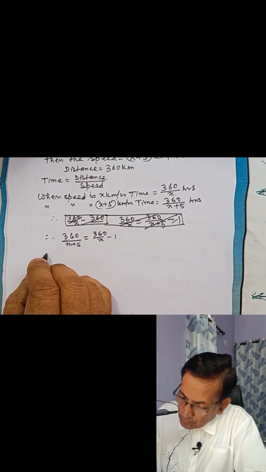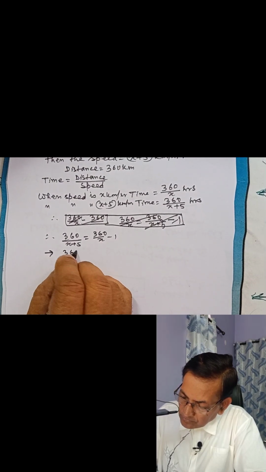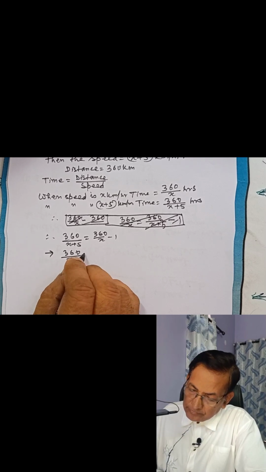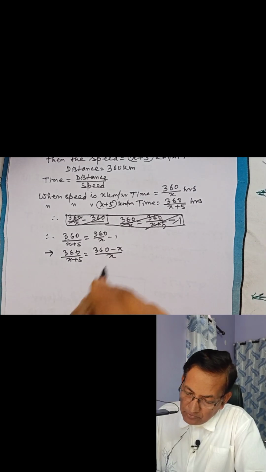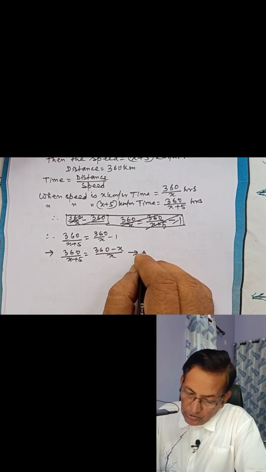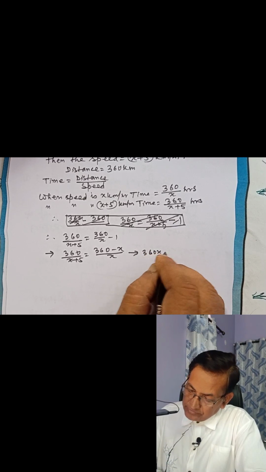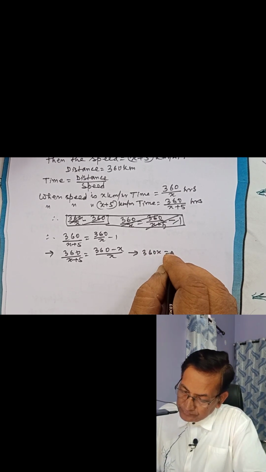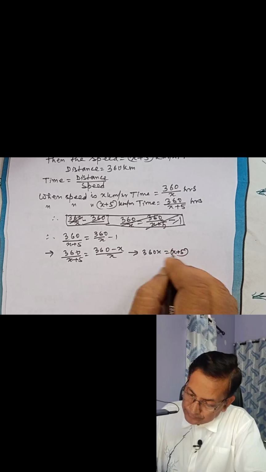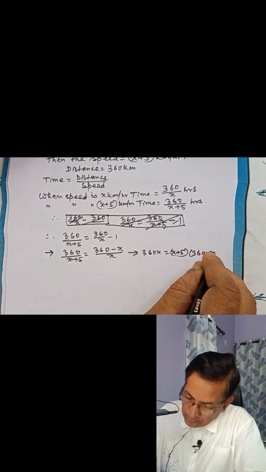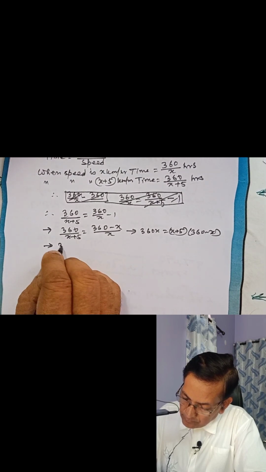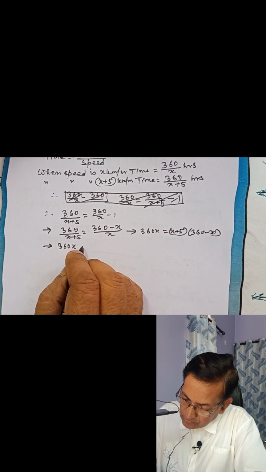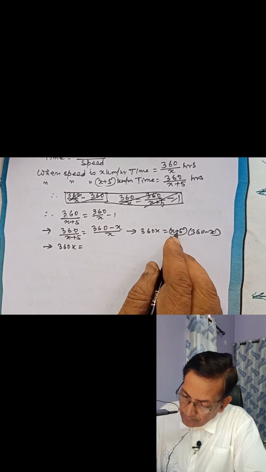Now if we solve this equation, 360 divided by x plus 5 is equal to (360 minus x) divided by x, or 360x is equal to (x plus 5) into (360 minus x).